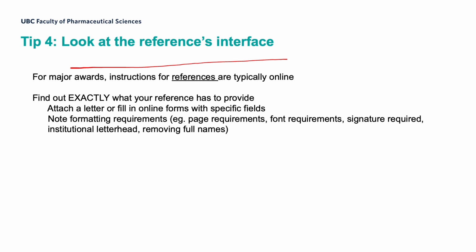Do they need to fill in specific boxes? And if so, what are the instructions for those boxes? So the tip here is to find out exactly what your reference has to provide, and then make your list or whatever materials you provide conducive to that format.